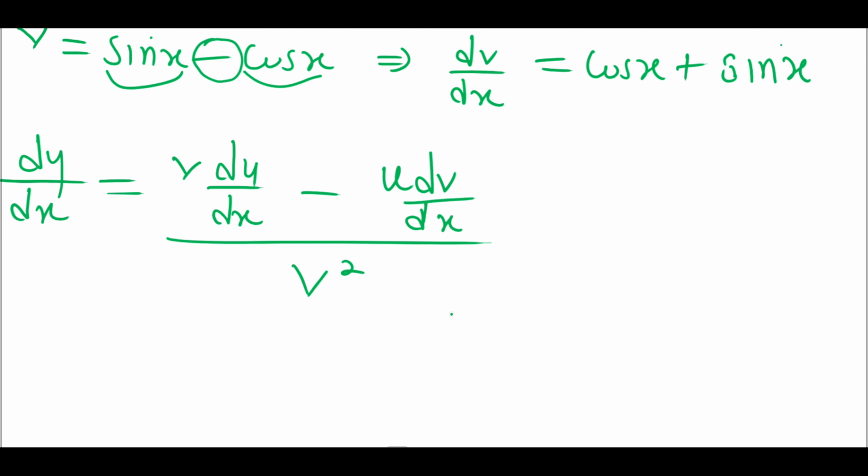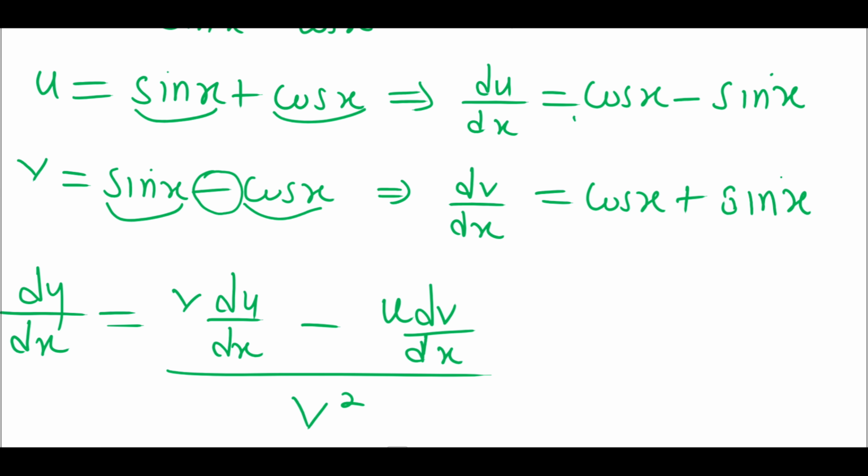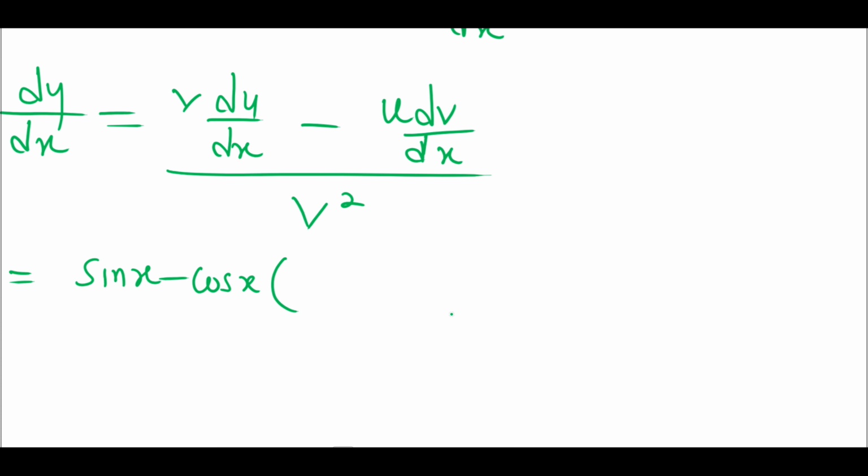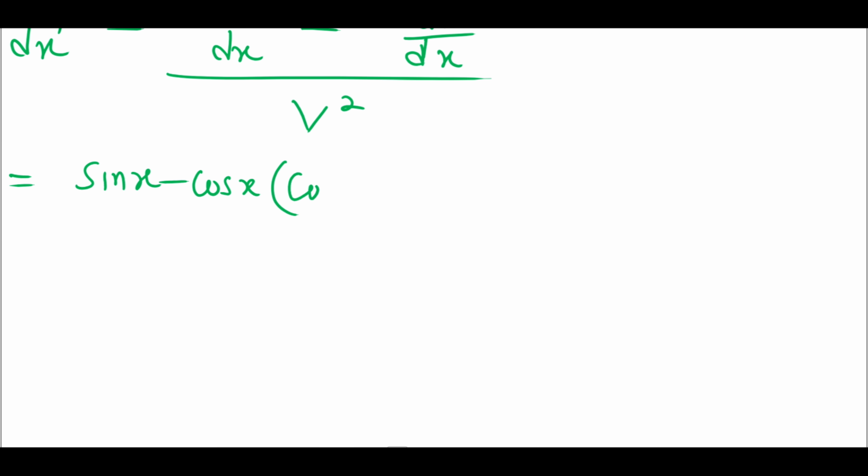So we know our v to be sine x minus cos x. Then we know our du dx to be cos x minus sine x.